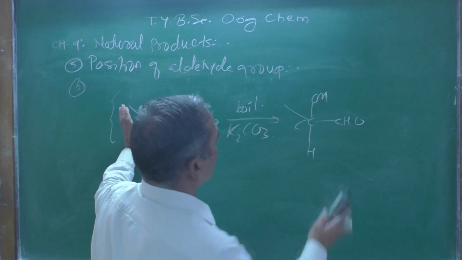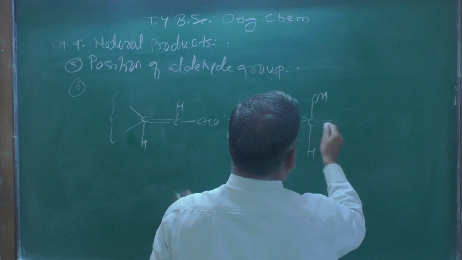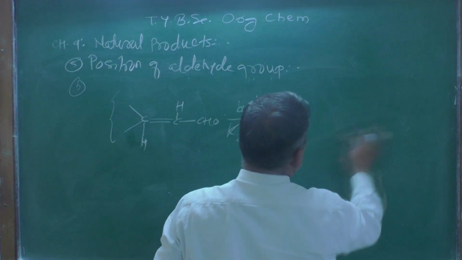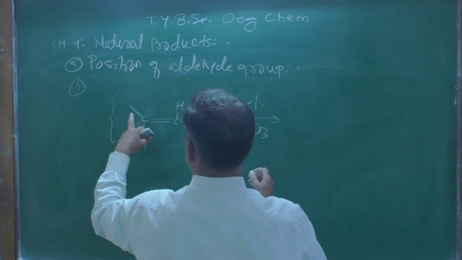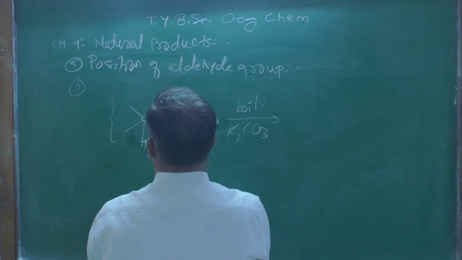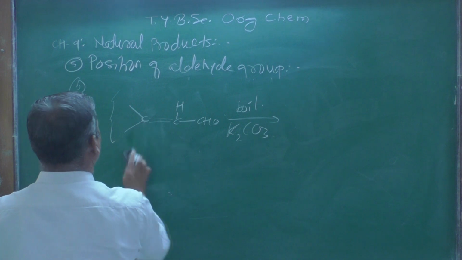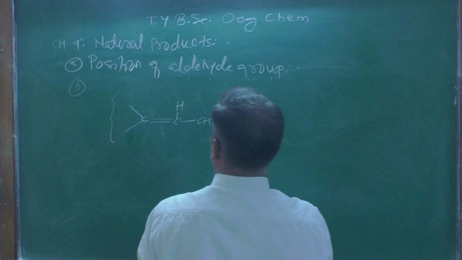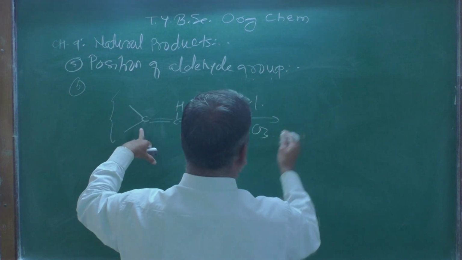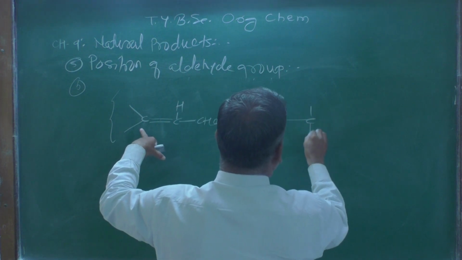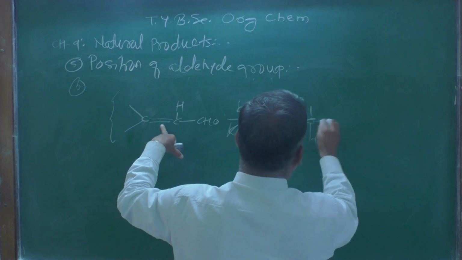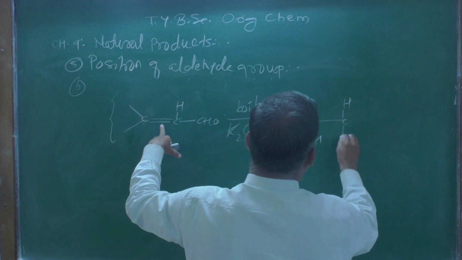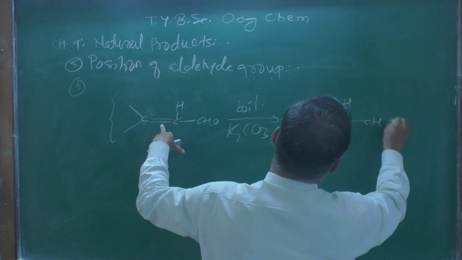Let me draw this properly: 1, 2, 3, 4, 5. Here there is no hydrogen atom because carbon never shows five bonds, only four bonds, and therefore here we can put one hydrogen atom. Then at this position OH comes, a hydrogen atom, and the CHO.